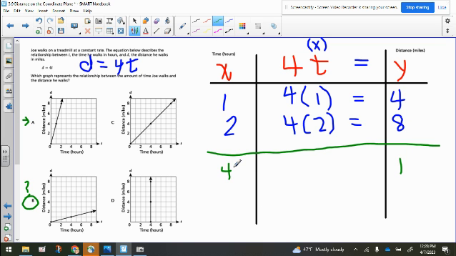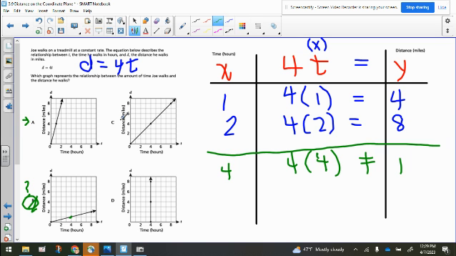Now, if we substitute these values into this expression, 4 times 4, do you see how that does not equal 1? That's how we would eliminate that choice, because this dot that I'm marking in green doesn't fit the function.